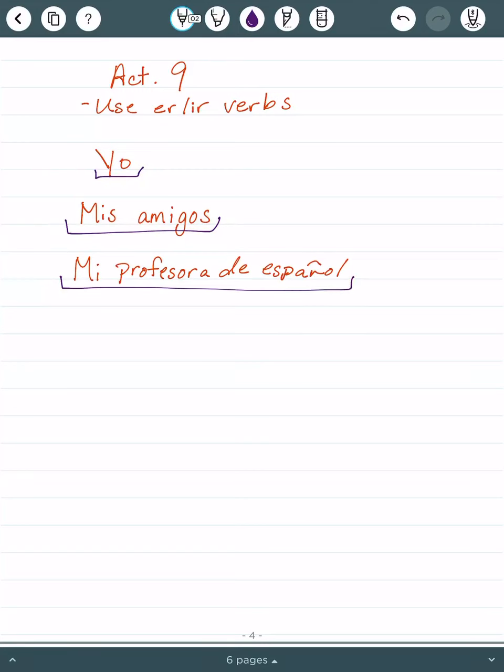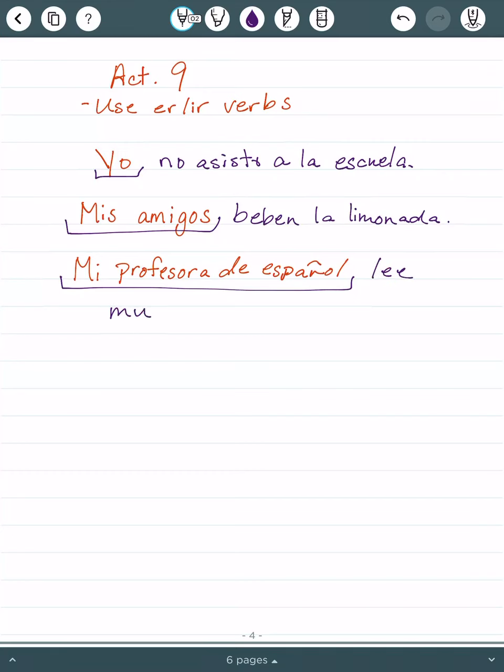So in the example, it says, yo no asisto a la escuela. And then for mis amigos, beben la limonada. And then mi profesora lee muchos libros.